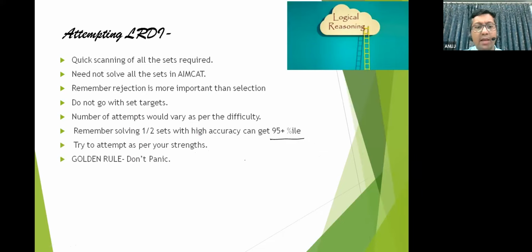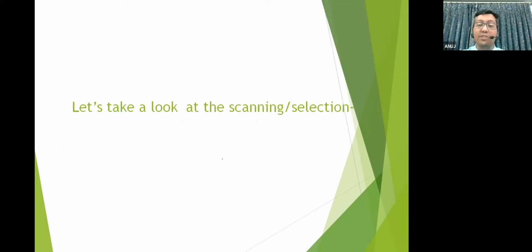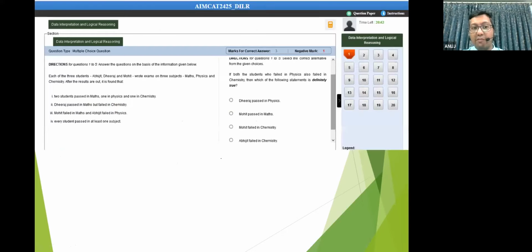Okay. Apart from that, as we have already mentioned, please don't panic. That is the golden rule. If you panic, you will make some kind of error in your judgments. Say, for example, when we're talking about DILR of this particular AIMCAT, if I look at question number 1 that appeared, the set number 1, that talks about 3 friends who wrote 3 examinations and they passed, they failed, whatever information is given.